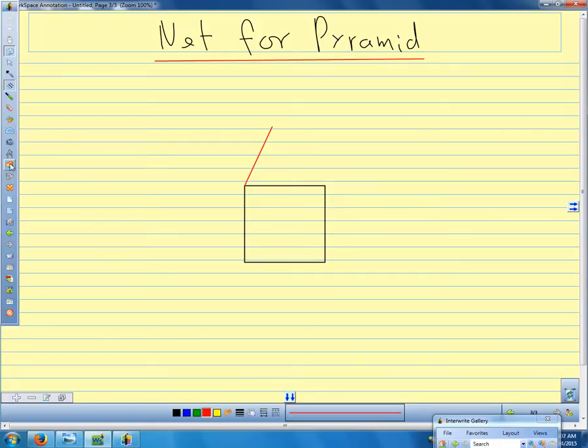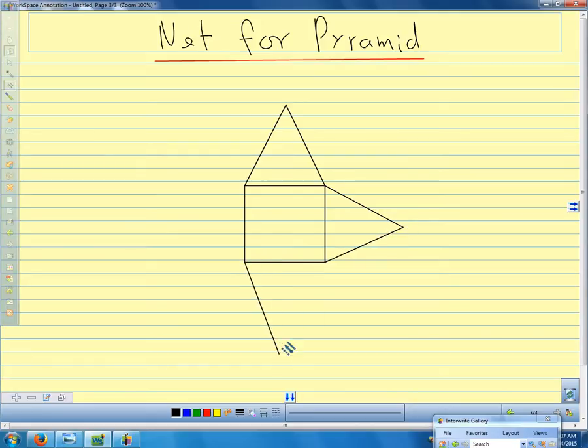So I'm just going to draw triangles on each of the sides of my base. My drawing might not be perfect, but it doesn't have to be perfect to get the idea.